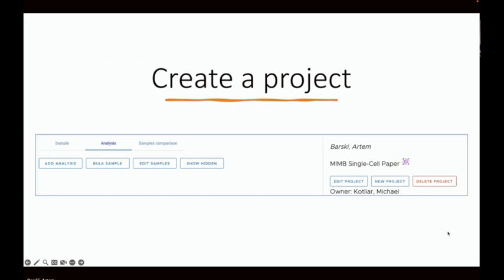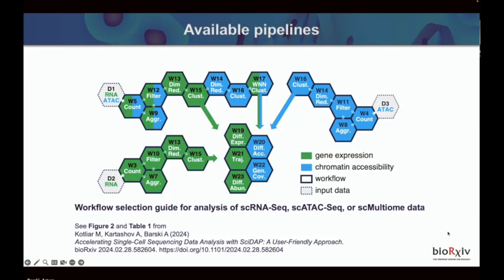The first step, of course, is to create a project, where we need to add our pipelines. For pipelines, Misha came up with this board game type picture, where you start with your data, whether you have RNA and ATAC, or just RNA, or just ATAC, and you go through all these steps to win.